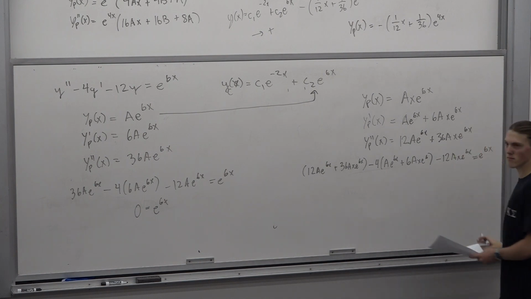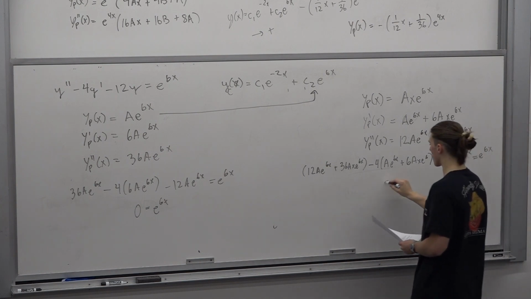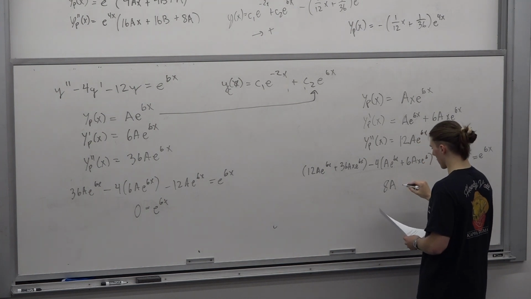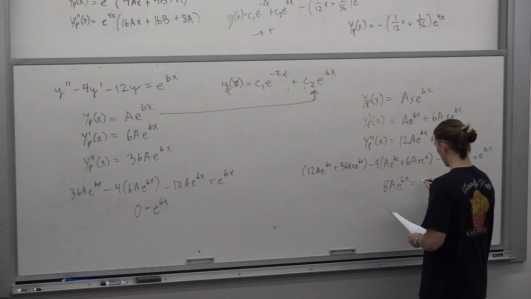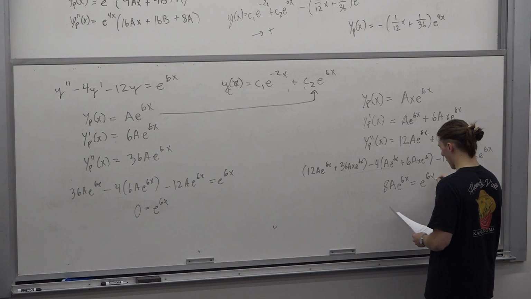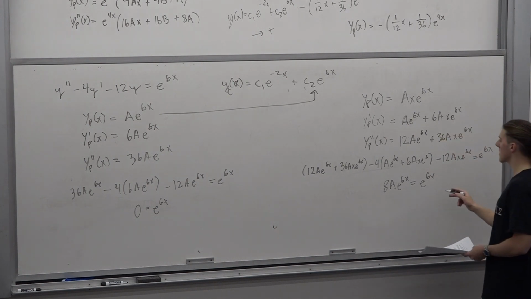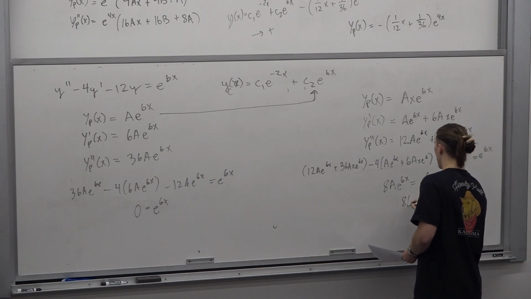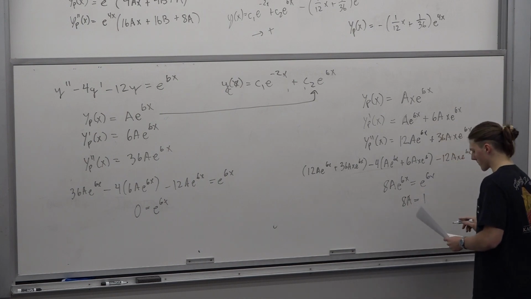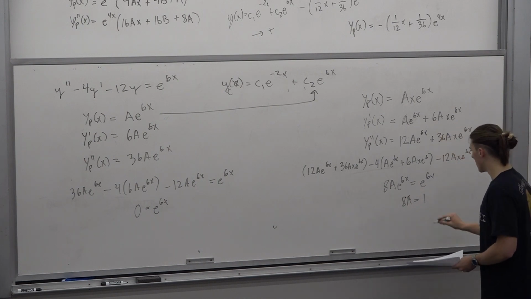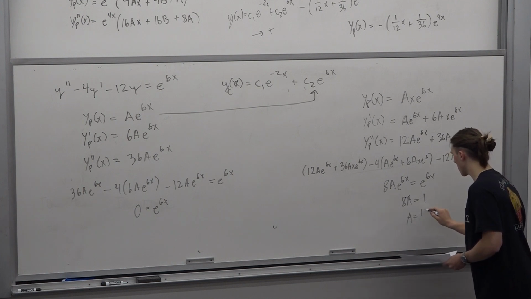I'm not going to bore you with that, but it just simplifies down, and we get a new solution here that actually makes sense. 8a e to the 6x equals e to the 6x. 8a must equal 1. So we know a equals 1 over 8.